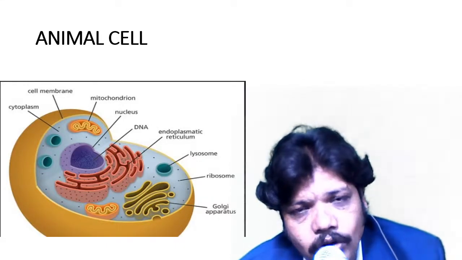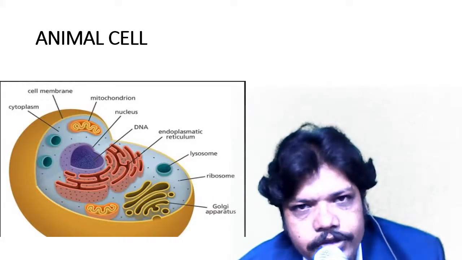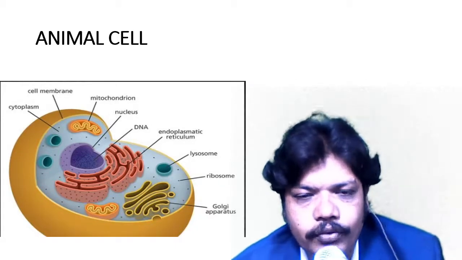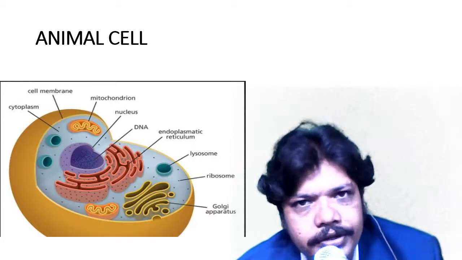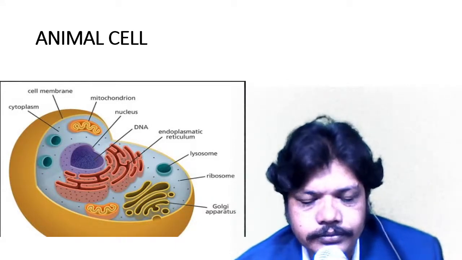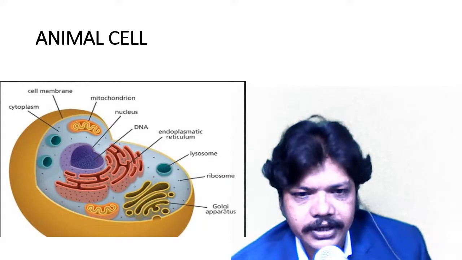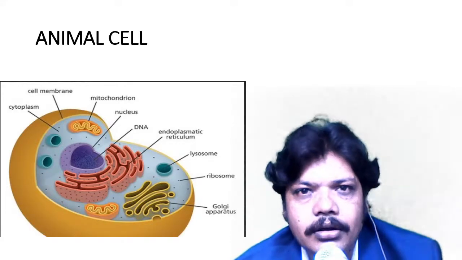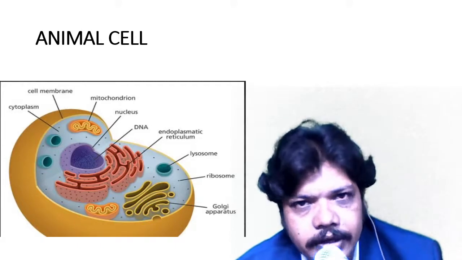The next organelle is the lysosome. The lysosome is very essential for the body, for any organism, for any cell. Why is the lysosome essential? Phagocytosis is carried out by the lysosome.